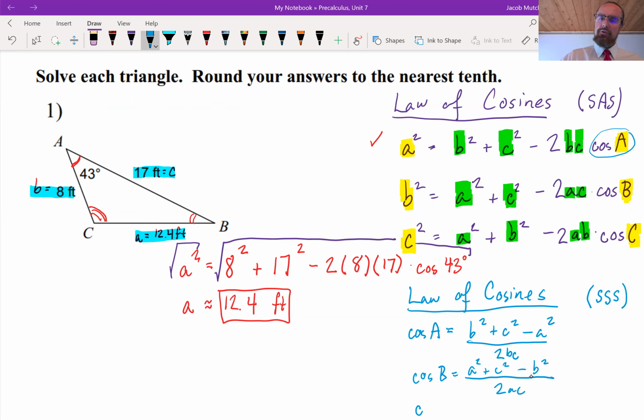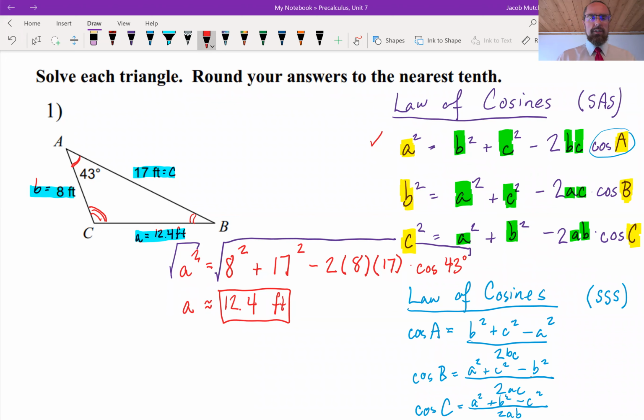And then our last version would be cosine of C, which comes from this third version solved for cosine C, and it would be A squared plus B squared minus C squared over 2AB. So again, there's 3 different versions. You don't necessarily have to have those. I could use one of my 3 originals, but these are convenient if I'm trying to solve for an angle.